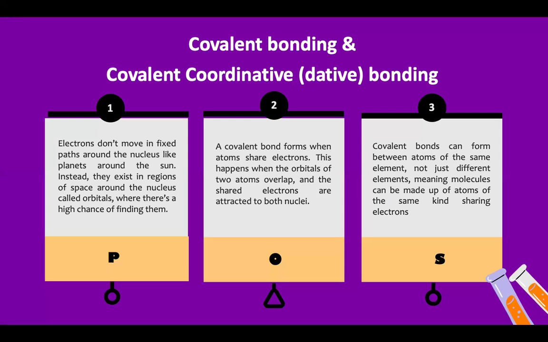A covalent bond forms when atoms share electrons, and this happens when the orbitals of the two atoms overlap, and the shared electrons are attracted to both nuclei. Covalent bonds can form between atoms of the same element, not just different elements, meaning molecules can be made up of atoms of the same kind sharing electrons.